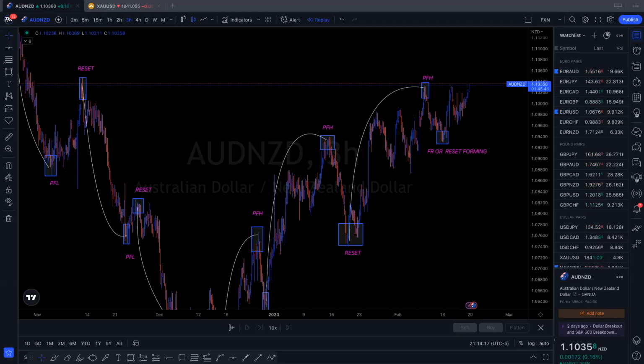It was very simply: the setup is either there and all of my requirements are there, or it's not. If it was there, I would take the trade, and if it wasn't there, I wouldn't take the trade. And I couldn't be mad if I didn't take the trade because my requirements weren't there and the trade still went in my direction.